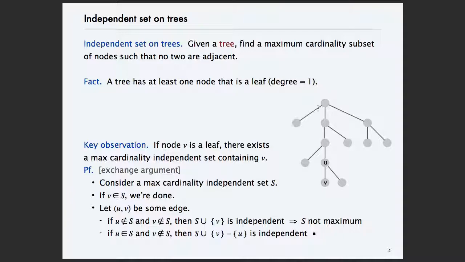If U is not in S and V is not in S, then adding V to the independent set would increase the size, so S was not optimal. Now, if U is in S and V is not in S, then taking out U and adding V would also give me an independent set, because the only edge for V is UV.